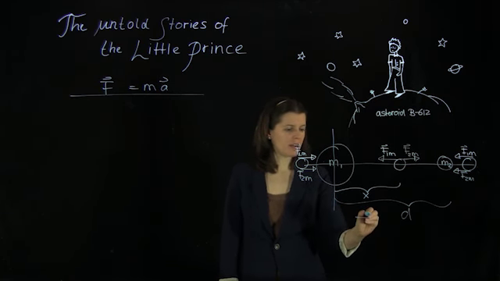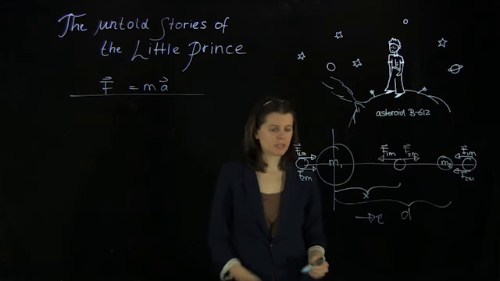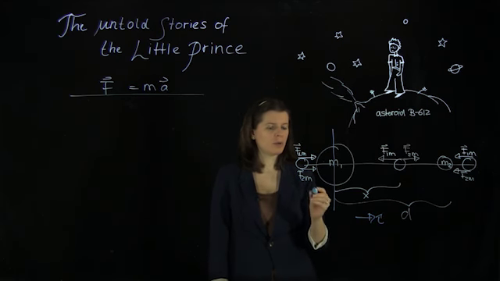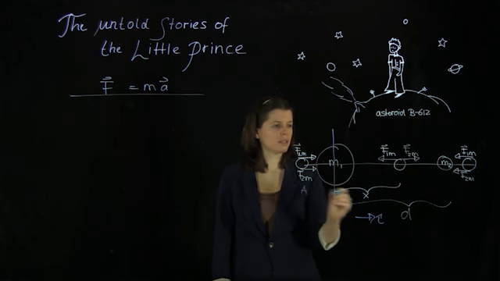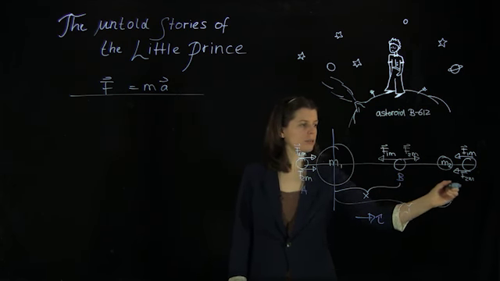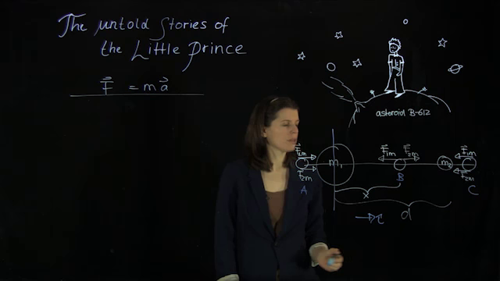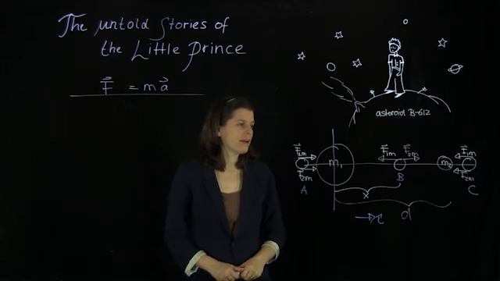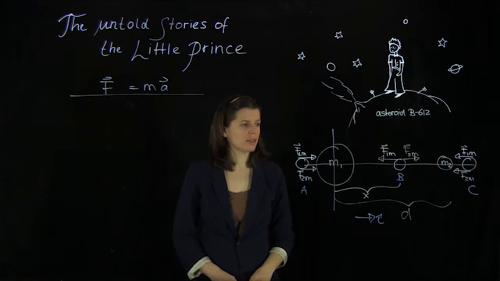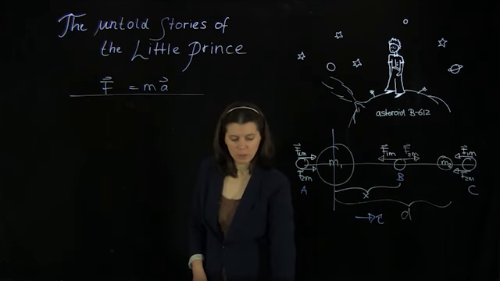And let's have i hat go in this direction. And we're going to label this here position A and position B and position C. These are our three options for asteroid placement. And well, let's look at position B.